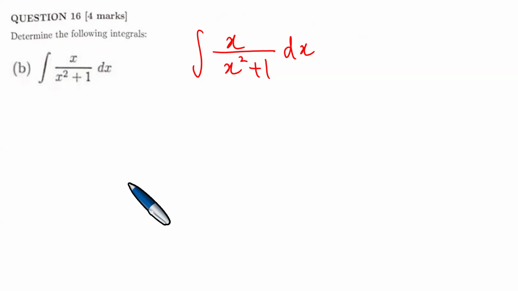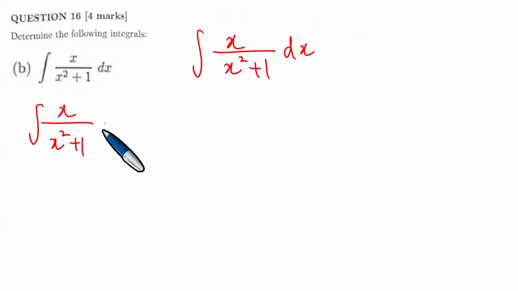In the end, we need to determine this exactly. We have the integral of x divided by x squared plus 1 dx.